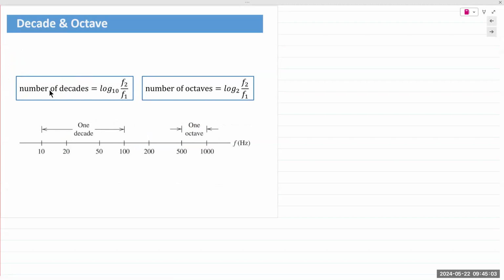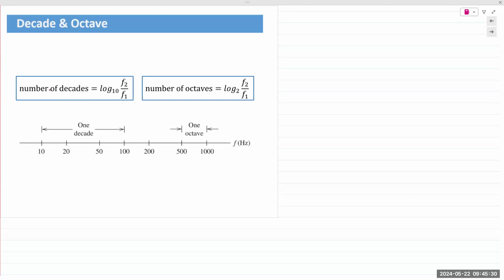If you start at 1 hertz and you go up to 10 hertz, then the range of frequencies between 10 and 1 is 1 decade. If you start at 10 hertz and go up to 100, the ratio is again 1:10. So 10 hertz to 100 hertz is also 1 decade of frequencies.